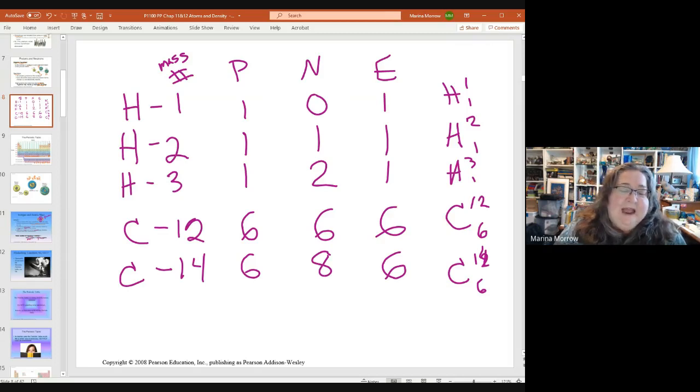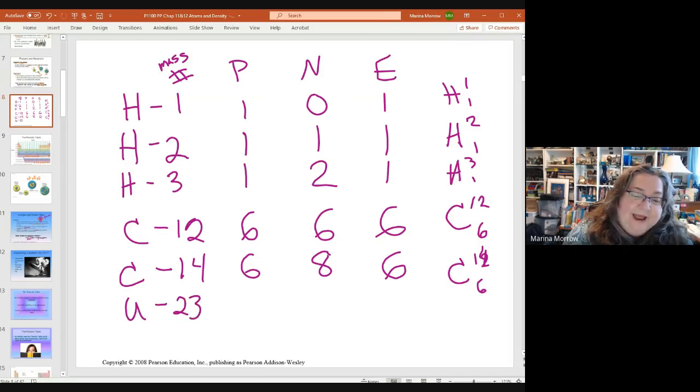Now, when it comes to uranium, you could have something like uranium-235 or uranium-238, and those are radioactive. But they have different lifetimes, so they have various different uses.